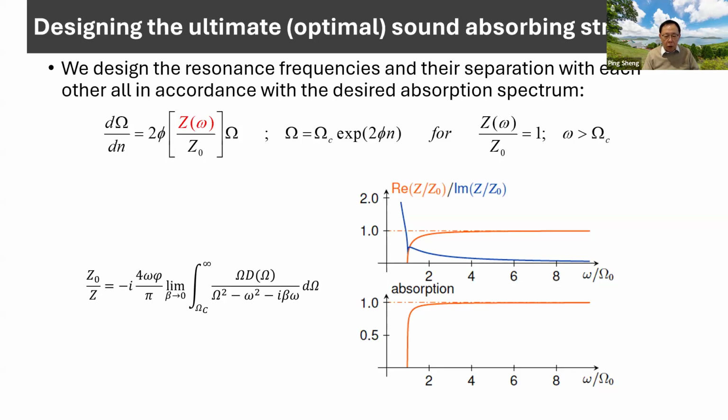Here, small omega divided by omega 0, which is the cutoff, essentially, it should be omega C, sorry. Beyond that it decays, but the real part goes asymptotically to 1 very quickly. It, of course, never goes to 1, but it goes to 1 asymptotically. You can see the profile is rounded because the imaginary part plays a part in absorption in this case. So it's what you call the reactance, okay? So it's rounded.